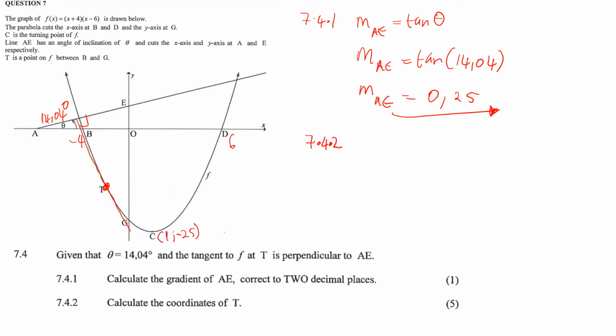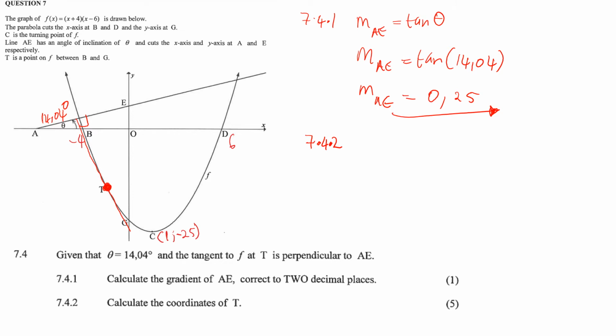All right, let's go to 7.4.2. They say calculate the coordinates of T. Okay, remember they told us that at T is where we have the tangent, which is actually perpendicular to line what? To line AE. What does that tell us? If two lines are perpendicular, then when we multiply their gradients, they must be equal to -1, and that's your knowledge from paper 2.